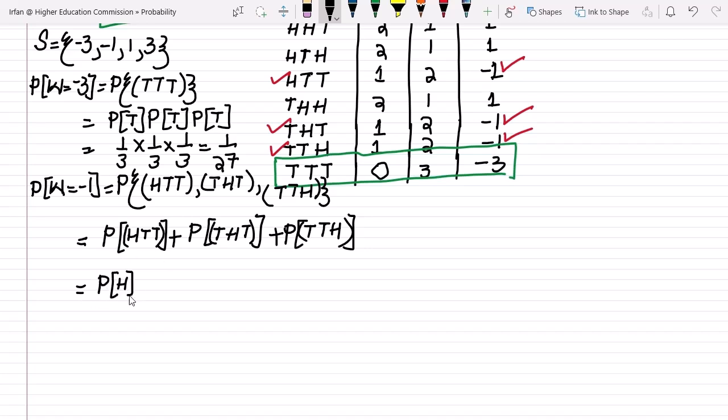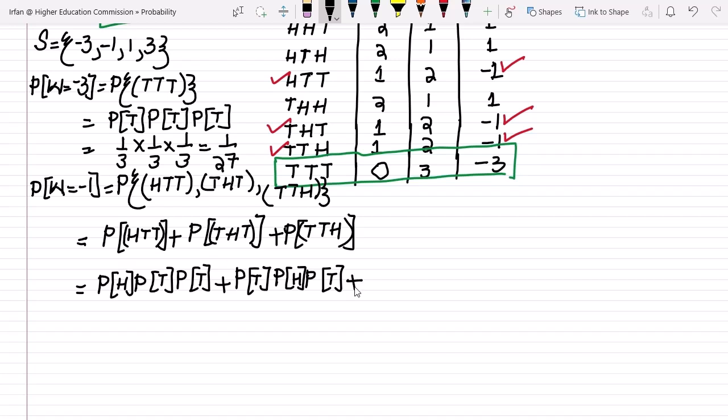Probability of heads multiplied by probability of tail multiplied by probability of tail. Similarly, plus probability of tail, probability of heads, and probability of tail.